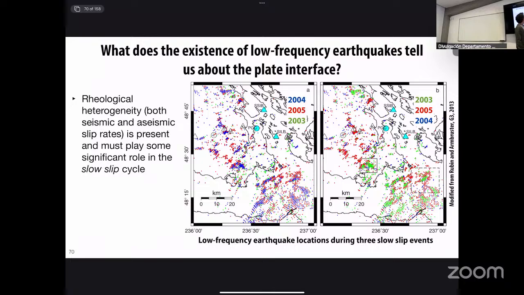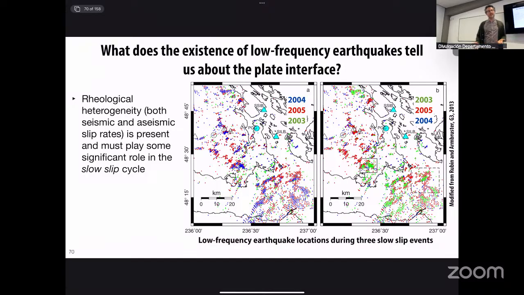So what they're showing you is the low frequency earthquakes that happened during 3 different slow slip events that happened 14 months apart in 3 successive years. And so here they're plotting blue on top, red underneath, and green at the bottom. And here they're plotting green on top, red in the middle, and blue on the bottom.